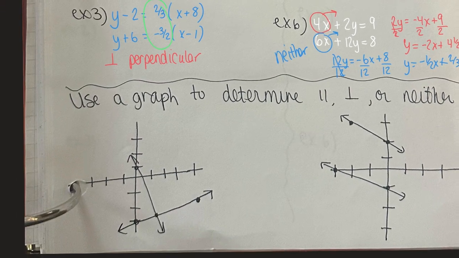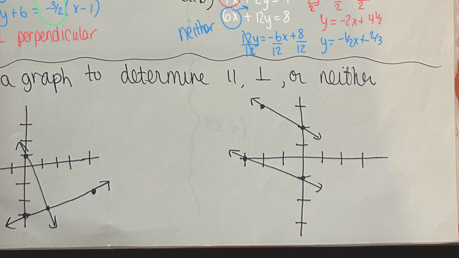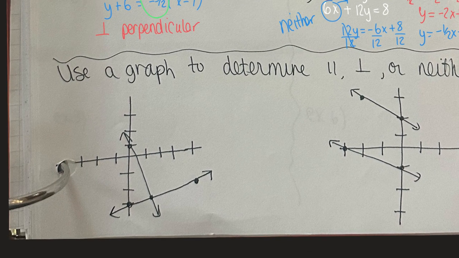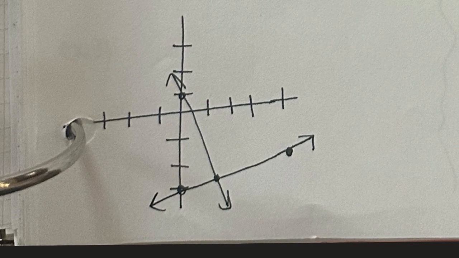Okay, let's take a look at this. If I have a picture, I'm not going to use my eyeballs and just go, I think so. We need to actually prove it using slopes. So I'm going to color code this. I'm going to have a blue line, the blue dots, and the red dots. Remember I rise first and I run second.